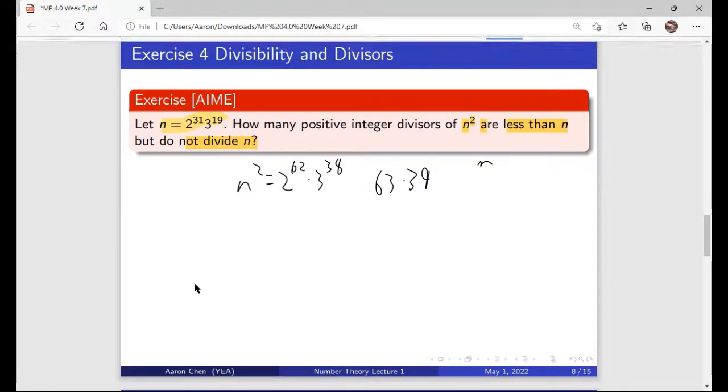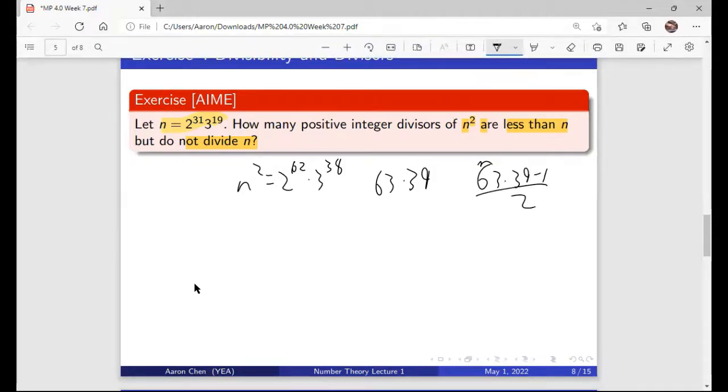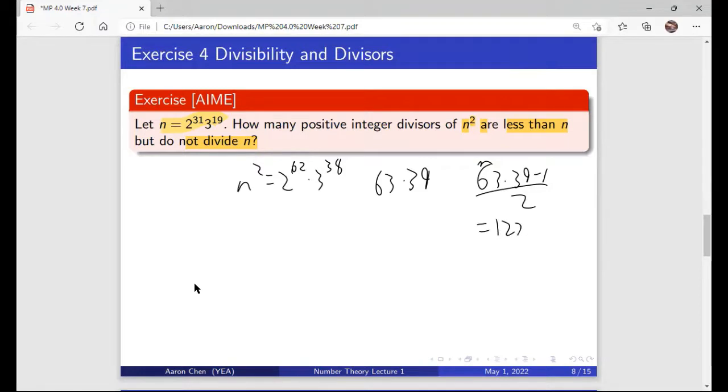So yeah, the number of divisors is (63 times 39 minus 1) over 2. And so this is the number of divisors that are less than n that divide n squared. And of these, there are 32 times 20 minus 1, which is 639 factors of n.